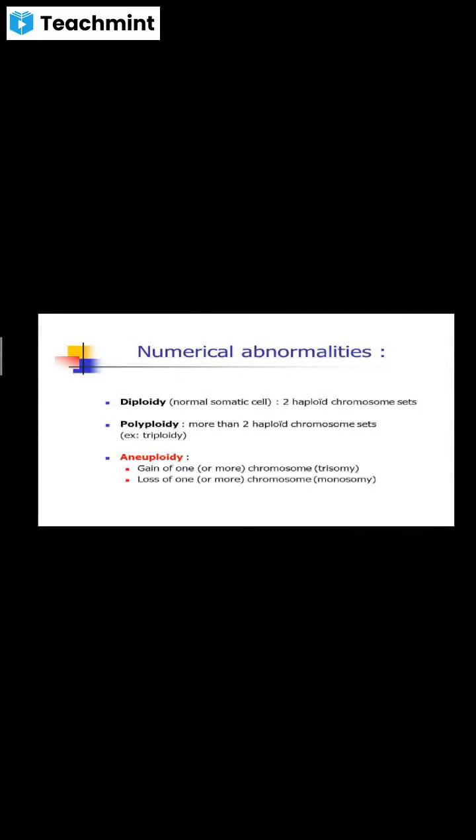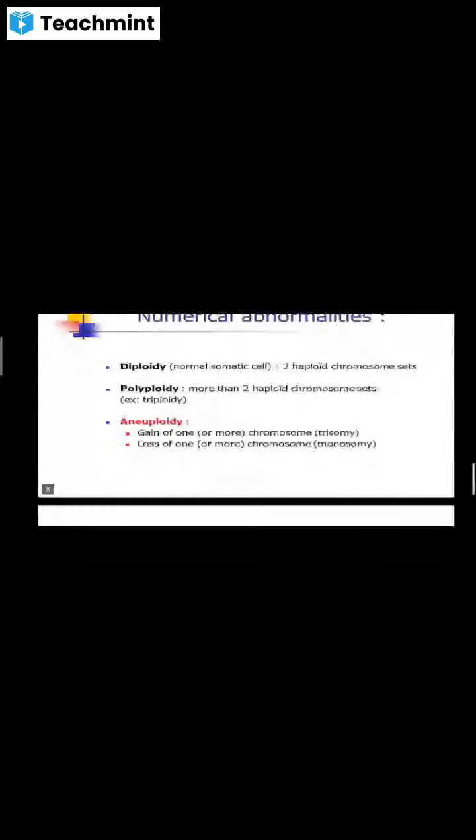In polyploidy, more than two haploid chromosome sets are added. In aneuploidy, trisomy gains one chromosome, and in monosomy there is a loss of one chromosome.